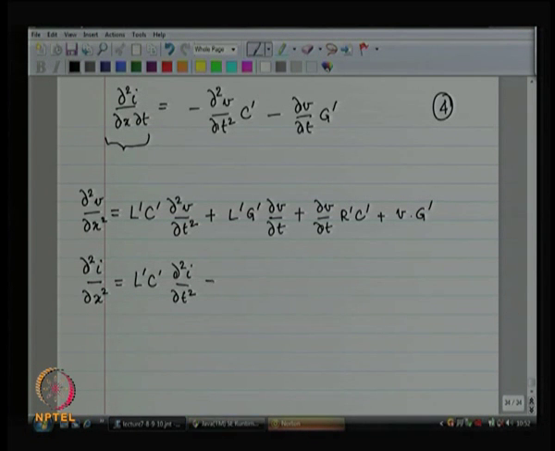Just going to write it out. Okay, all in terms of currents.